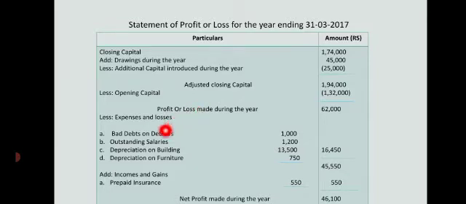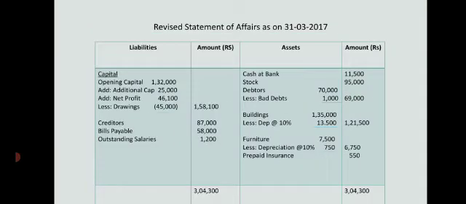So first take it as it is. Bad debts on debtors 1,000, outstanding salaries 1,200. Now there is one working note. We are supposed to calculate the depreciation. So first is building. The closing value of building is 1,35,000. On that, calculate 10% depreciation. You will get 13,500.